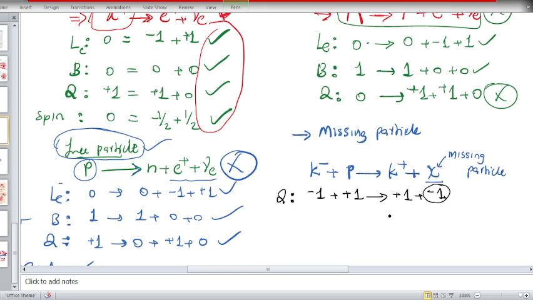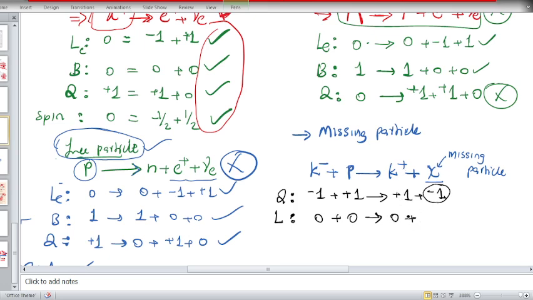So we have a particle with charge minus 1, which is nothing but the charge of the electron. Then you consider lepton number. If you consider the K meson, this is 0, and the proton also has 0 lepton number. K meson again is 0.